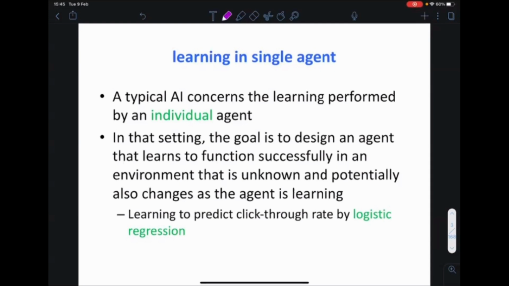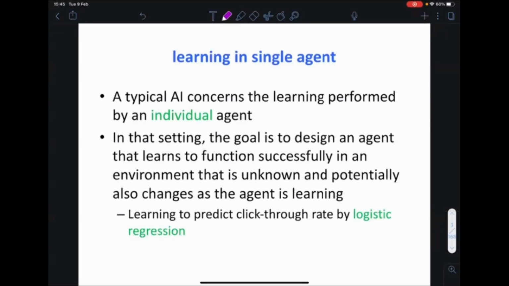This function can map between their current context or their environment, and would be able to perform an action. This action could be classification, in the typical machine learning task, or some other kind of task, and then they will receive the payoff.